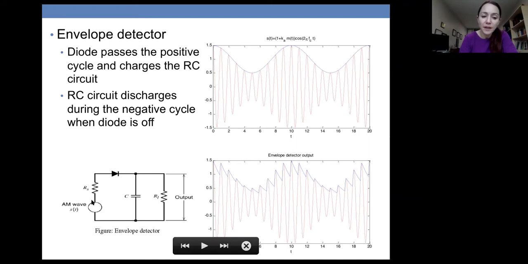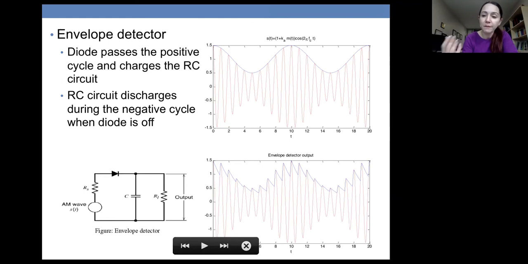Let's feed an AM waveform here. When the AM waveform is in its positive cycle, the diode is on, and at the output we see the waveform itself. Right?